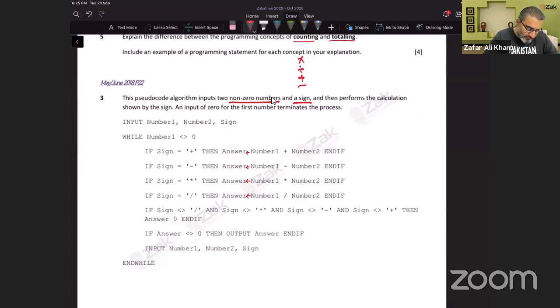If sign is not equal to division and multiplication and minus and plus, then answer is equal to 0. If answer is not equal to 0, then output the answer. And then it takes the number again. I told you in format 2, we take input before the while and again inside it. Okay, so that is how it works.